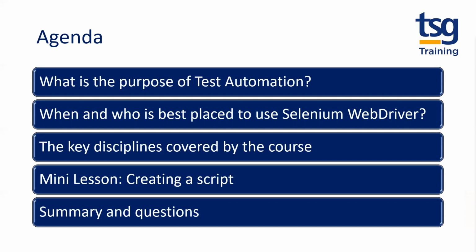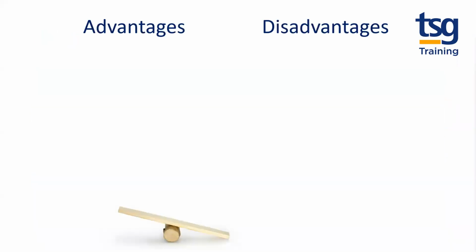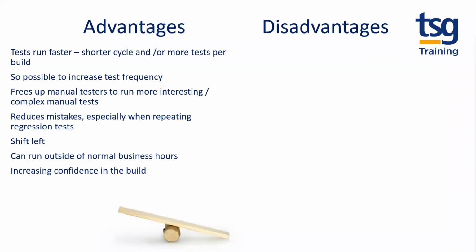So to start, why are people so interested in it? What are the advantages? Well, running automated tests is more efficient than exercising them manually. This both reduces the time needed for test execution and/or allows us to run more tests per build.